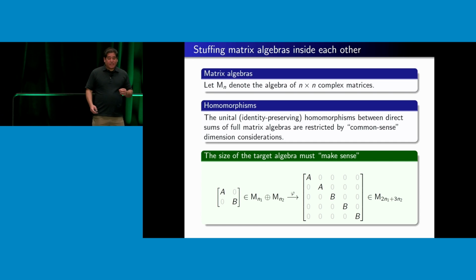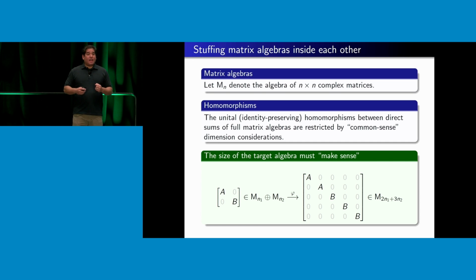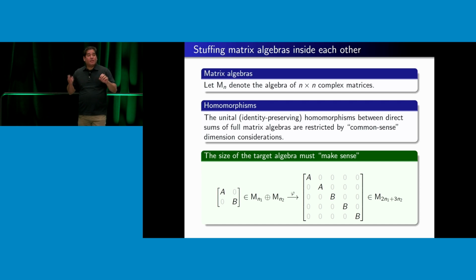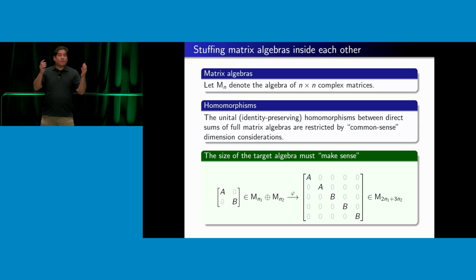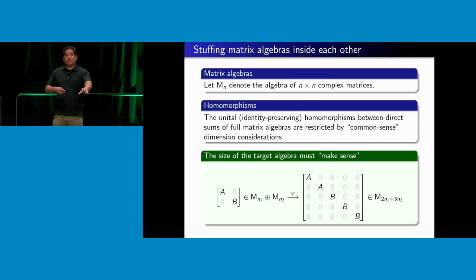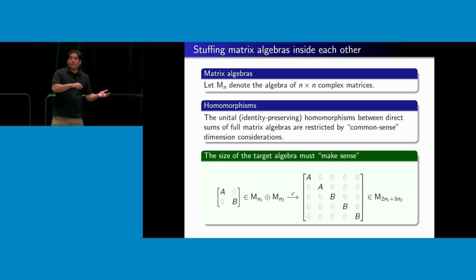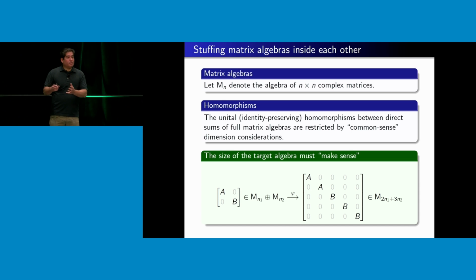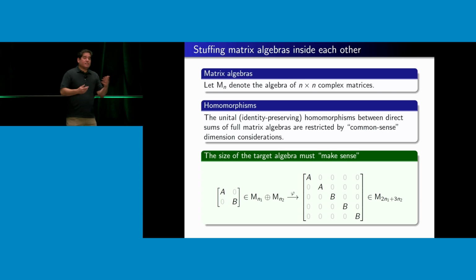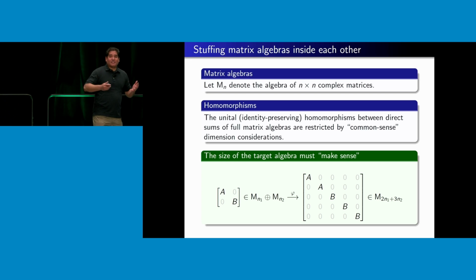So let's take a look at, on the left side, I have a block diagonal matrix, A, B, right? Where A is of size n1, B is of size n2, right? So that block diagonal matrix belongs to the algebra M_n1 direct sum M_n2. Now, if I want to stuff a homomorphic image of that algebra inside another algebra, I just need to make sure that the sizes make sense, right?